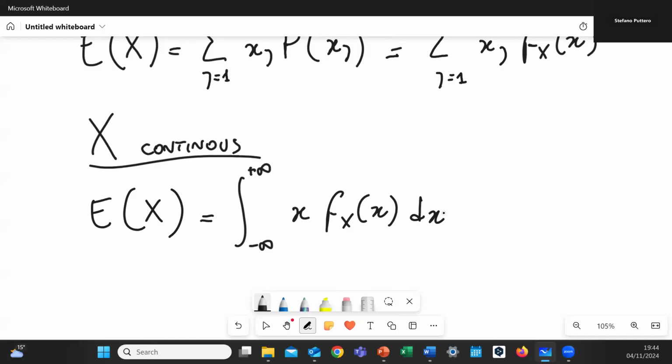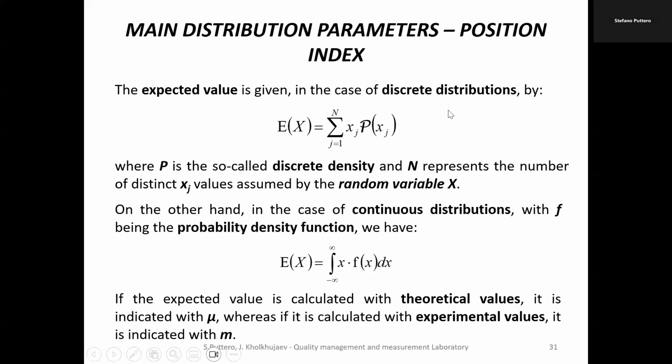In this case, f_X(x) is the probability density function. So we are in these two different cases. Let me come back to the presentation.